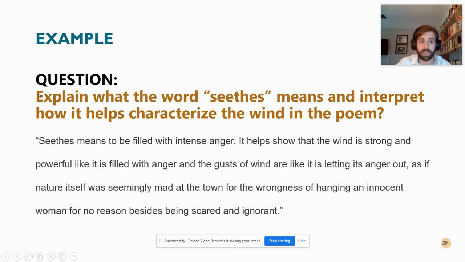We've got some good explanation and good interpretation of what the student thinks the poem means, and what they think this word in particular does to connect to the other pieces of the poem. Obviously this poem's about a hanging and about a town and the natural windy reaction to this event.